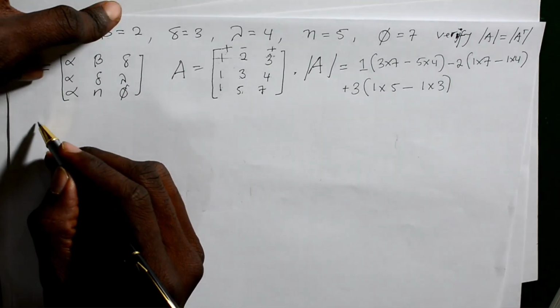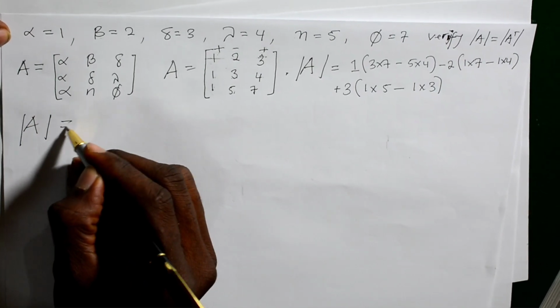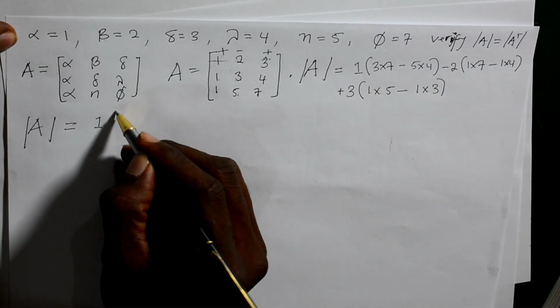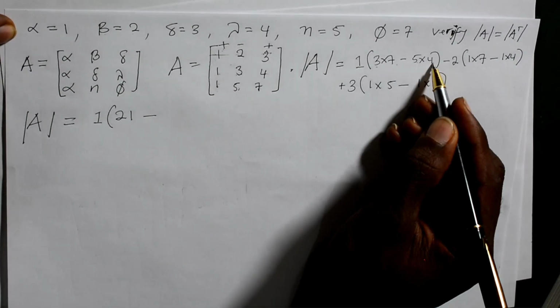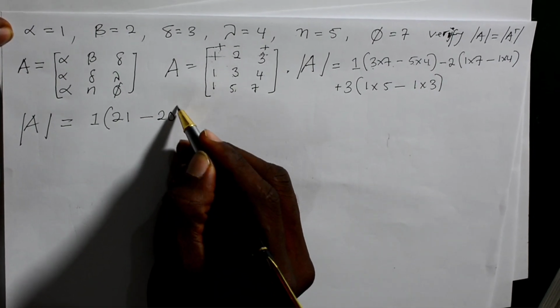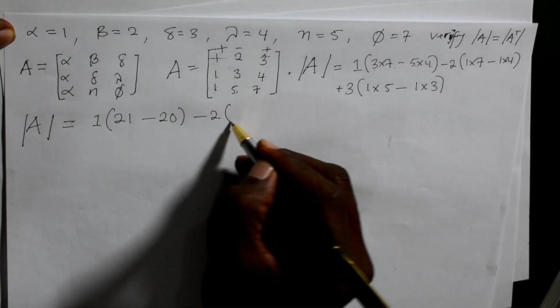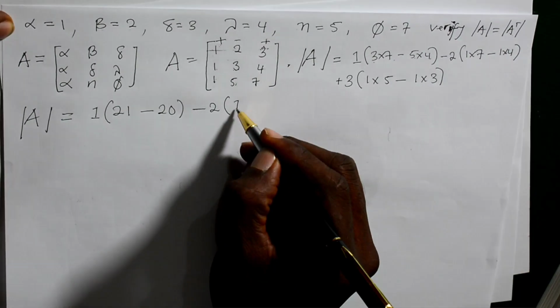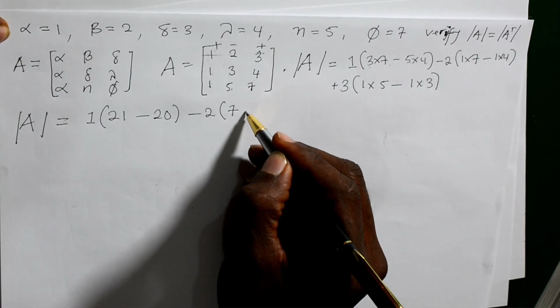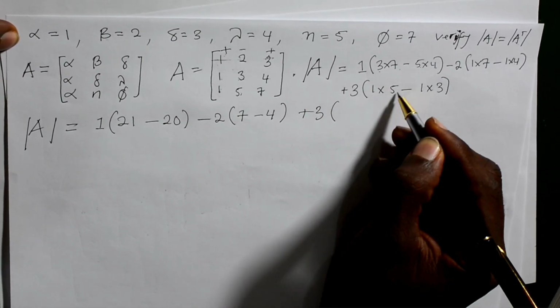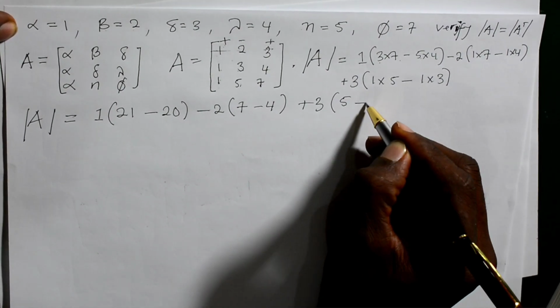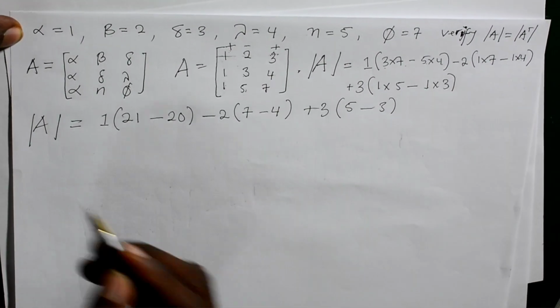So now we come and calculate again. The determinant of A will be 1 into 3 times 7, 21, minus 5 times 4, 20, minus 2 into 1 times 7, 7, minus 1 times 4, 4, then plus 3 into 1 times 5, 5, minus 1 times 3, 3.